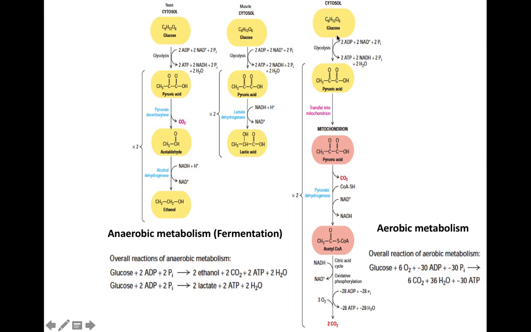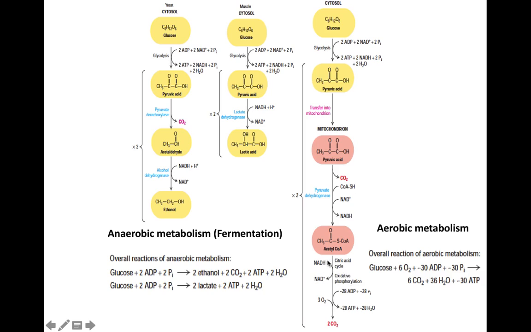Inside the cytosol we have glucose. This glucose undergoes glycolysis and is converted into pyruvate or pyruvic acid, and this is transferred to the mitochondrion, and inside the mitochondrion pyruvate dehydrogenase converts pyruvate into acetyl coenzyme A, and this acetyl coenzyme A then enters the citric acid cycle where oxidative phosphorylation takes place.